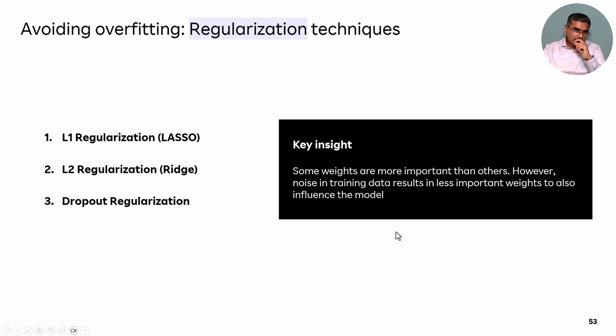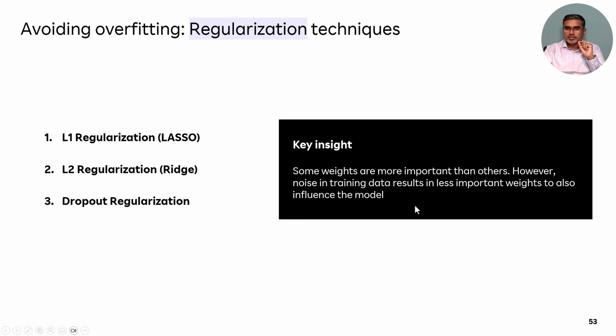What are the key points here? What is the key insight on which this regularization is based? The key insight here is there are some weights that are more important than the others. However, the noise in training data results in less important weights also influencing the model. So from this key insight, what does it tell you? You want to suppress those weights that are not that important to fit the pattern in your data.